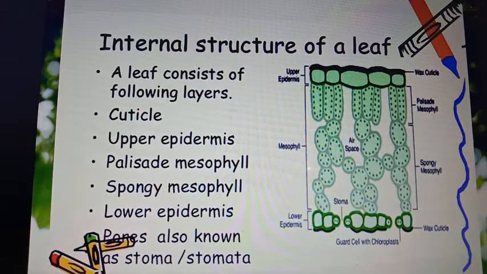A leaf mainly contains the following layers. First is cuticle, then upper epidermis, then two mesophyll layers, one is palisade mesophyll, second one spongy mesophyll, and lastly lower epidermis, in which stomata or stomatal pores are present.